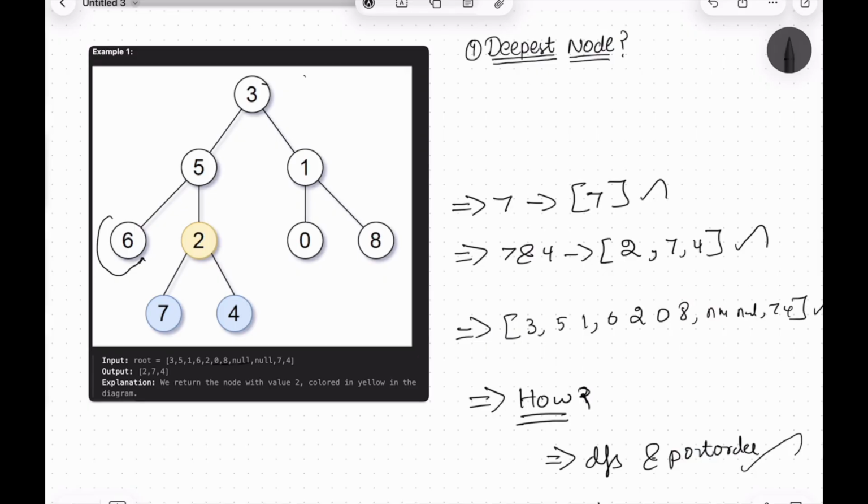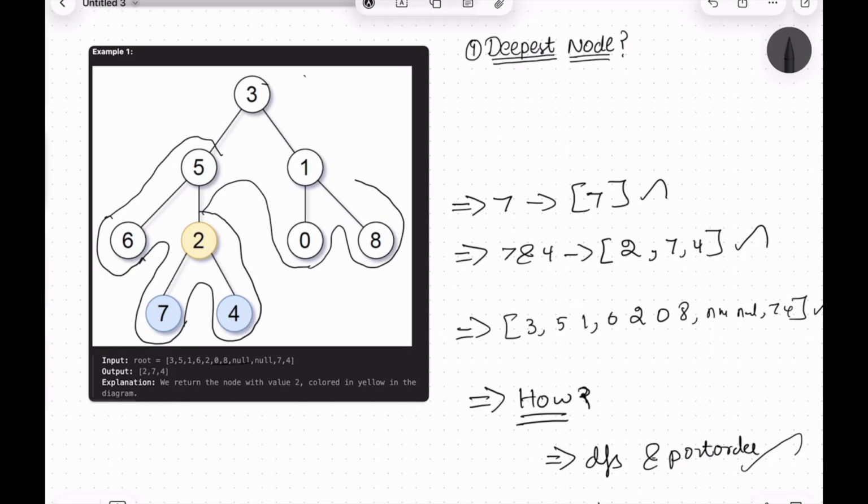And then we process this node, and then we go to this node, and then we come to this rightmost node and we process 2, and then we process 5, and then we move here to 0, we process 0, followed by 8 and 1, and finally we process the root node, right? So 1, 2, 3, 4, 5, 6, 7, 8 and 9. So this is how we process this tree basically.